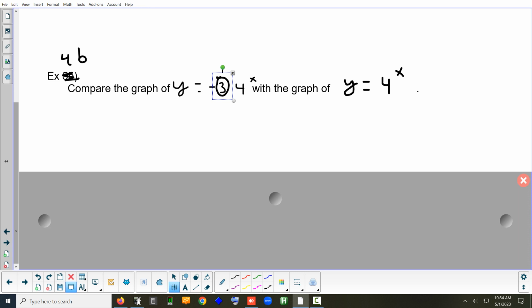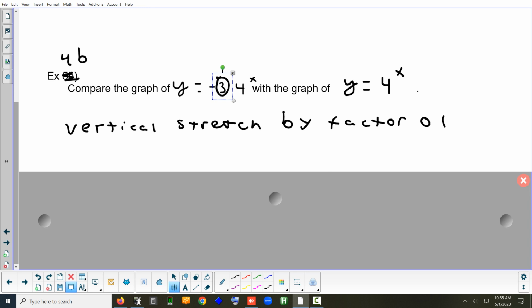Think about doing it just like the last one, and then we'll pretend like the negative's not even there. Yeah. Vertical stretch, perfect. By a factor of 3.